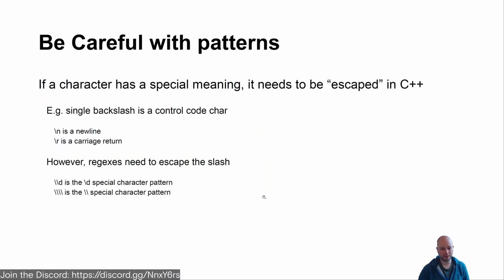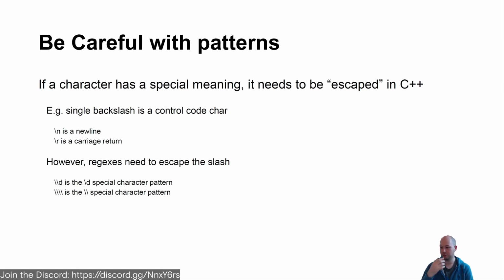You have to be really careful with these patterns because they need to be escaped in C++. You can have a new line or a carriage return, but when you're doing this in regular expressions, you need to escape those slashes. Say I wanted to do slash D, right?